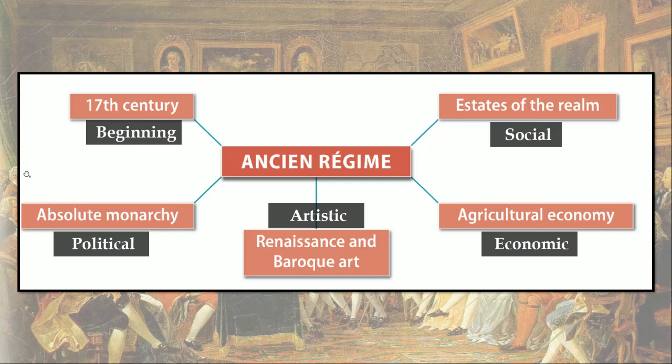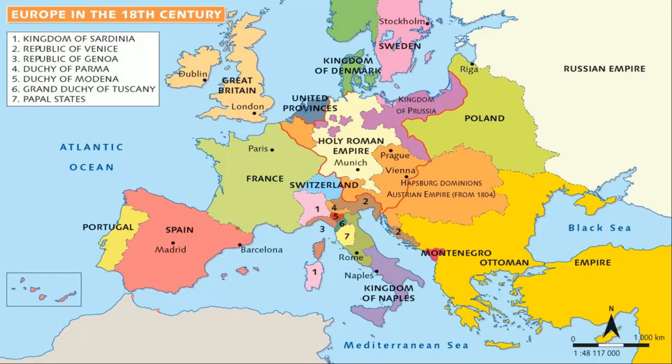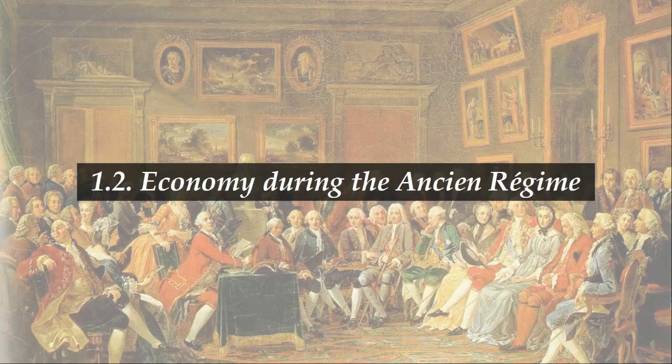And finally, politically, the system is an absolute monarchy, in which the king holds all the power, an absolute power by divine right. And this is how Europe looked at the beginning of the 18th century, after the War of the Spanish Succession. So let's see each one of these characteristics, economy, society, and politics, a bit deeper.